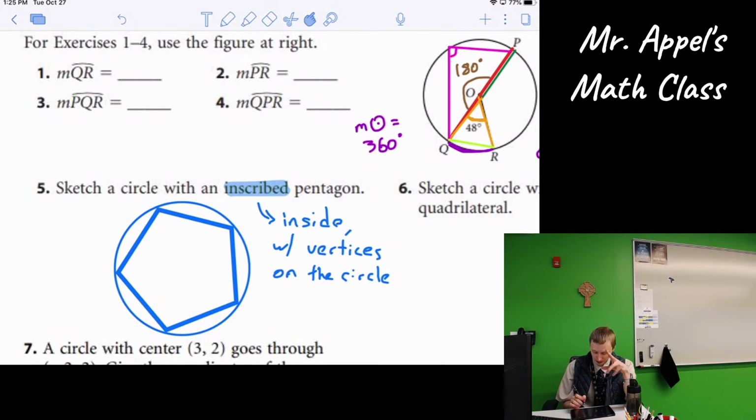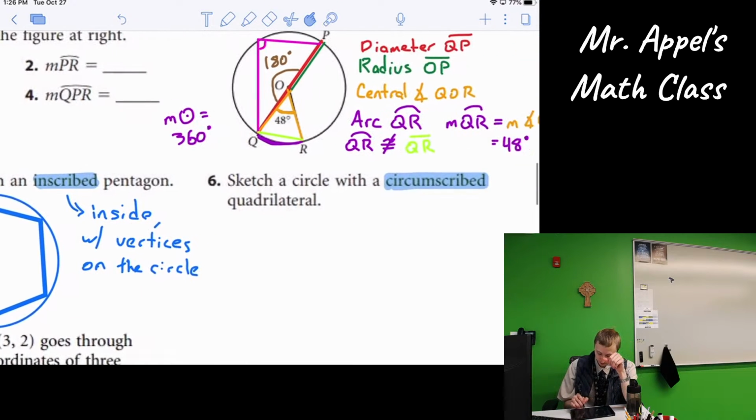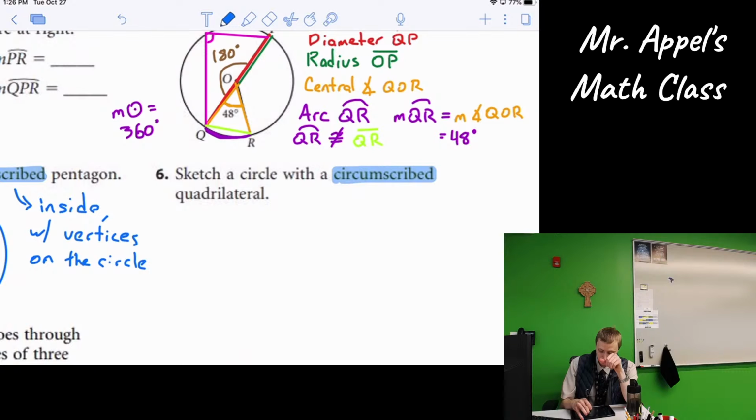And then similarly, but opposite, we've got a circumscribed shape. And circum means around. So writing around something. If you circumnavigated the globe, you've traveled all the way around it. So here I have the opposite case. Here is my circle.